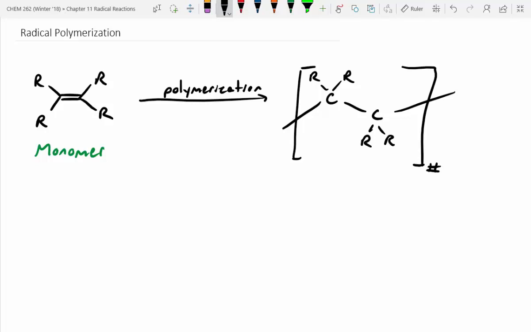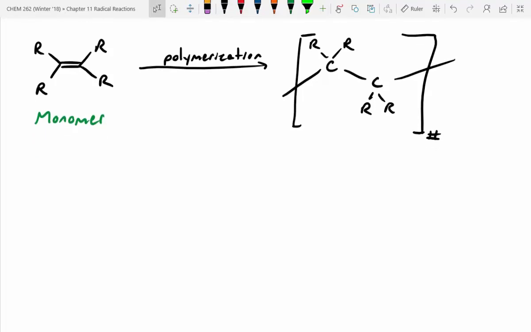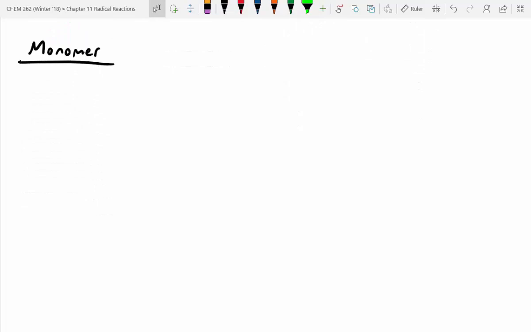All right, so let's take a look at this and how it relates to a lot of the common polymers we see in our day-to-day life. All right, the first one that we have is ethylene.